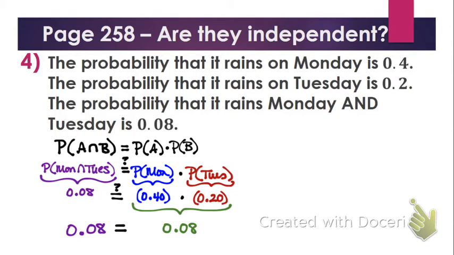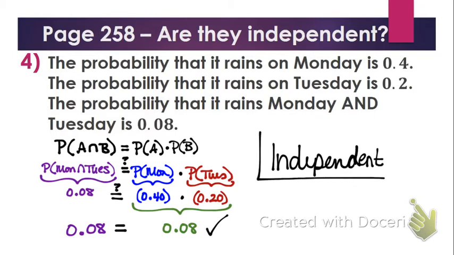So these really are equal to each other. What does that mean? They are independent. So does that mean relationship or no relationship? No relationship.